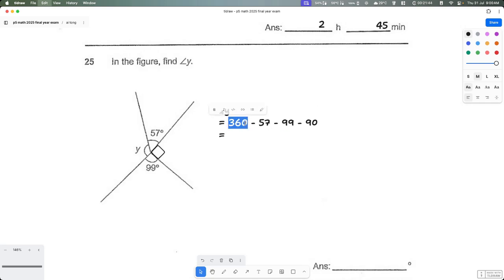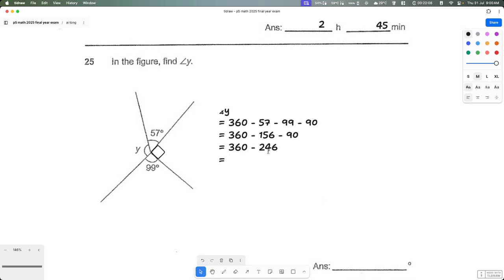So 360 minus 156 minus 90, and then we just add 156 with 90, which is 246. So 360 minus 246.